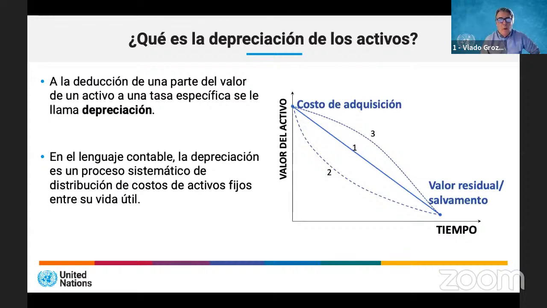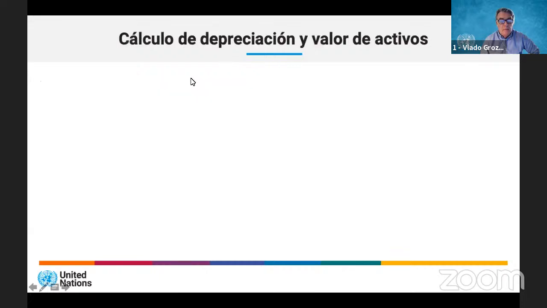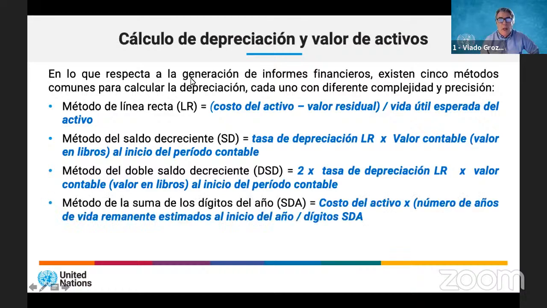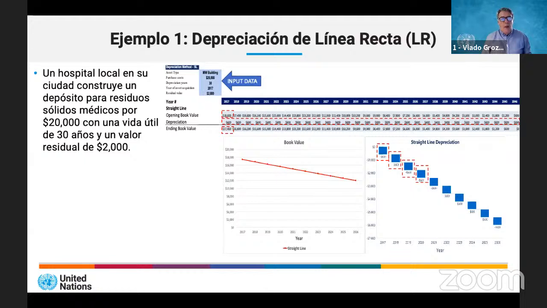So how do we calculate the depreciation of our assets?